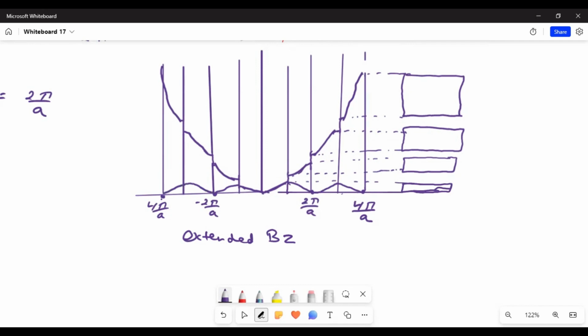Similarly, it will be like this, and similarly like this.